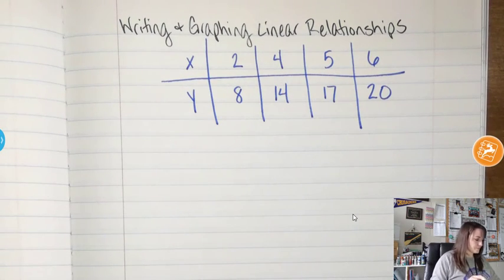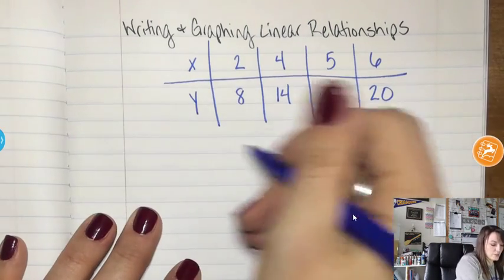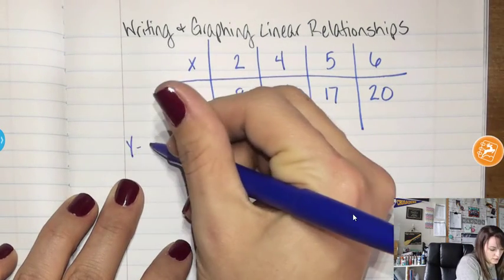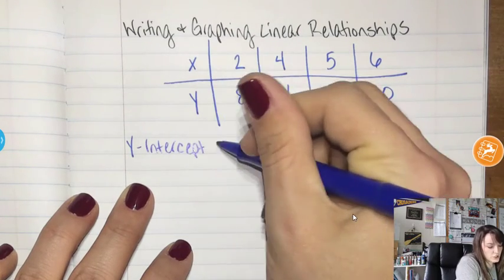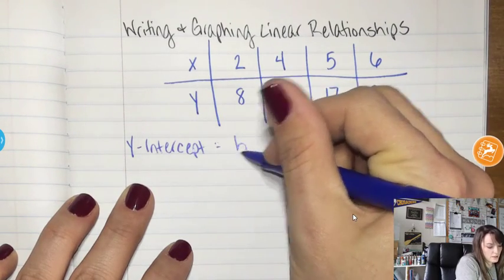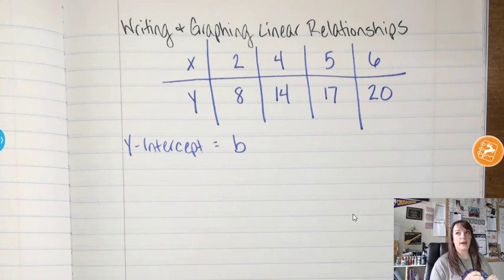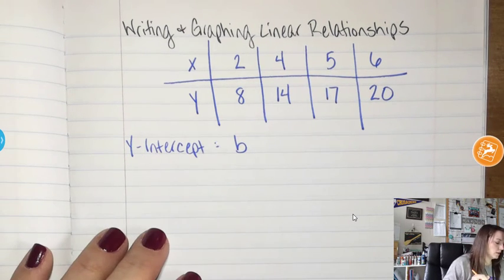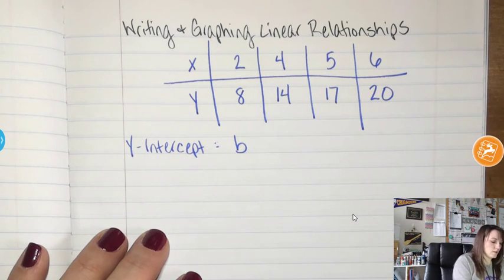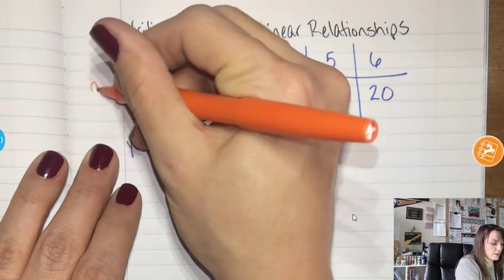All right, so to find y-intercept, which is b in my equation, y equals mx plus b. Put up here that m equals 3.